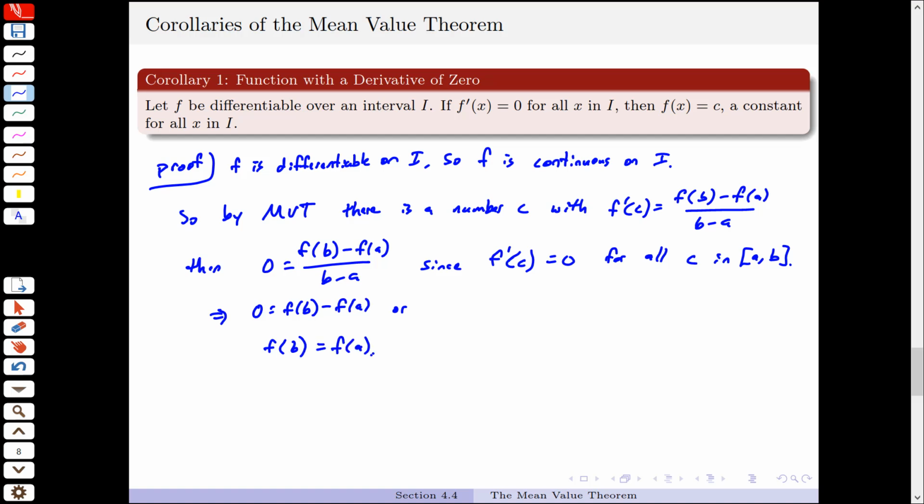Now the idea is that I could pick any interval a, b that I want. I could pick any 2 points that I want in the interval I and apply the mean value theorem and show that f of b equals f of a.